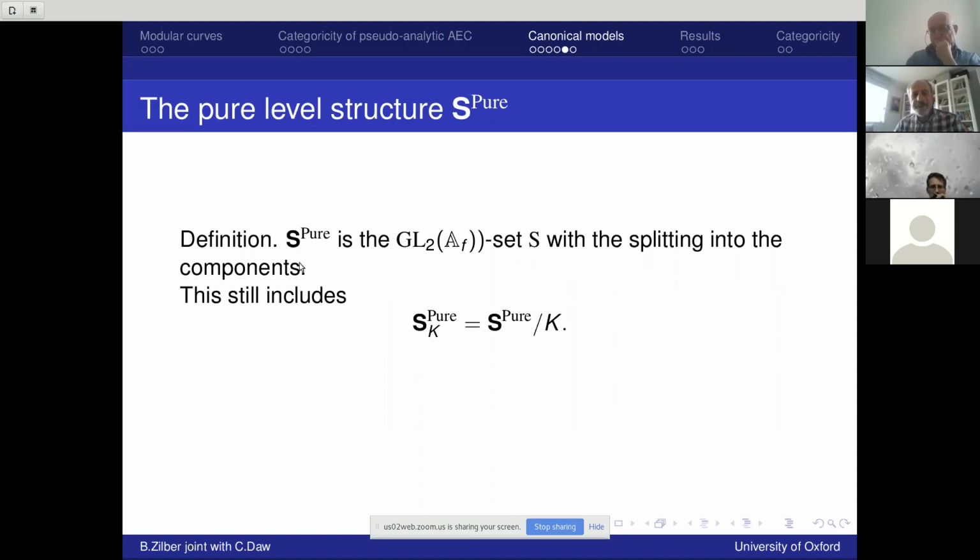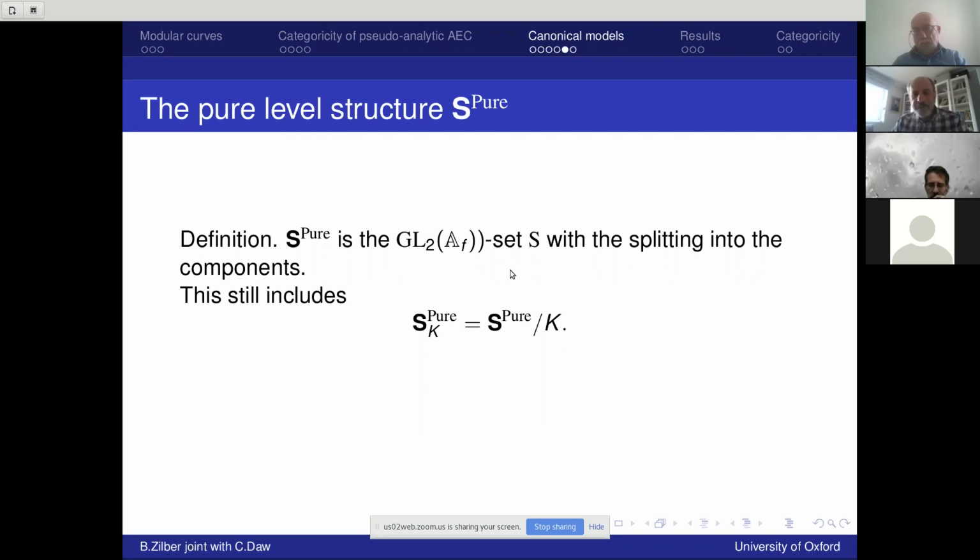And natural here is to take this pure structure, that would lead us to H pure, to be just GL2 acting on this. So you have our S as in the previous slide, and you have an action of this group on this S, and that's it.